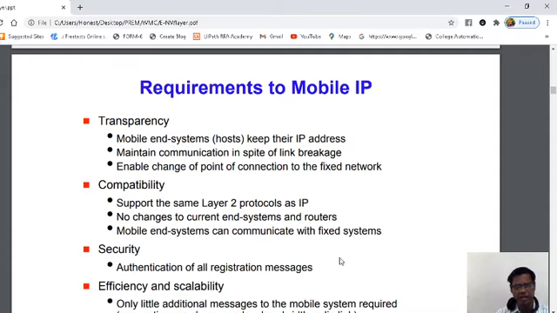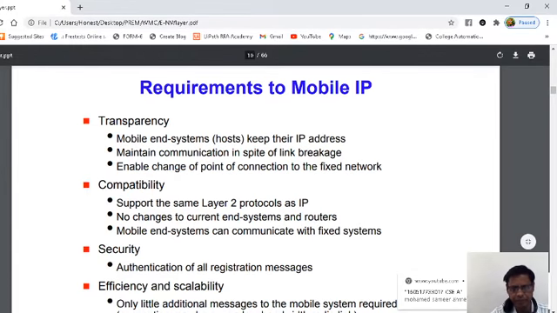For security, there is authentication of all registration messages. When a mobile node communicates, it first has to authenticate the registration messages.